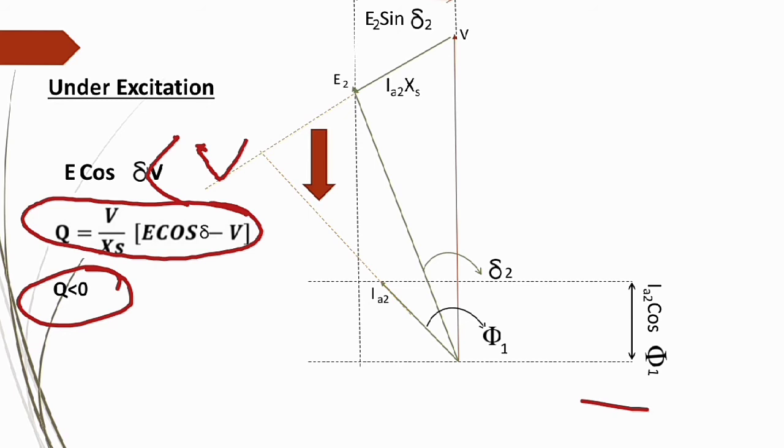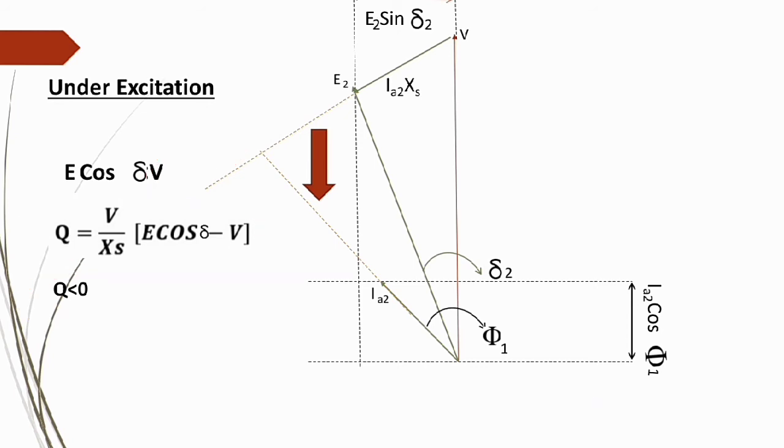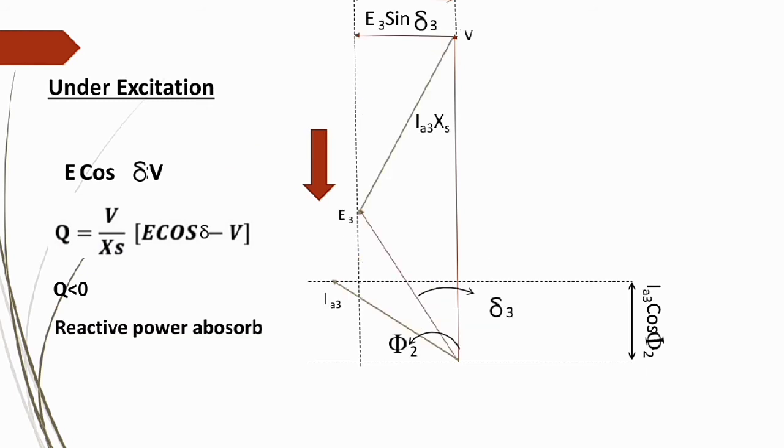That means it absorbs the reactive power from the infinite bus system or any other system. It absorbs the reactive power, it is not supplied. The negative means this. So for the next one, we reduce the excitation more from the normal excitation.